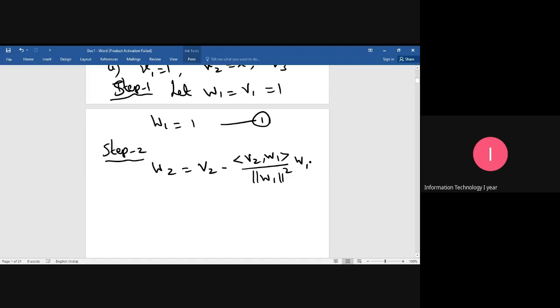Okay, this is the formula for W2. We find W2 now. V2, we know, is x. We need the inner product of V2 comma W1, and we also need norm W1 square.